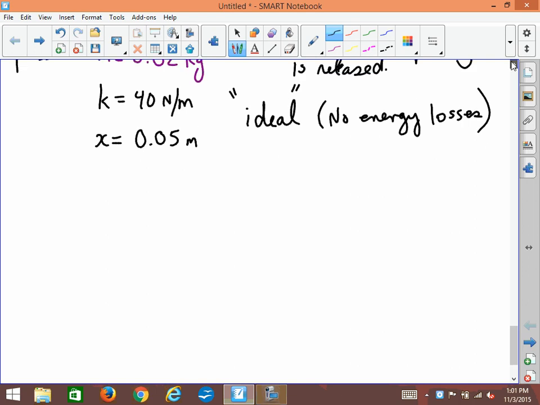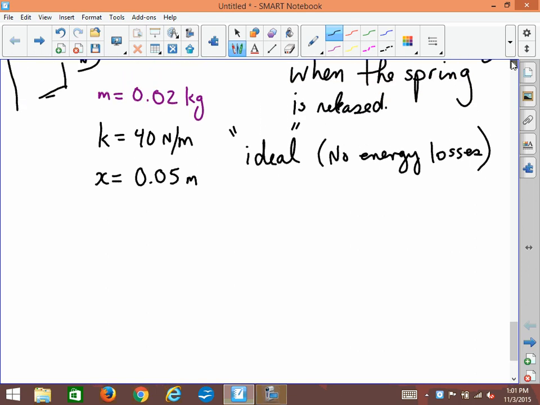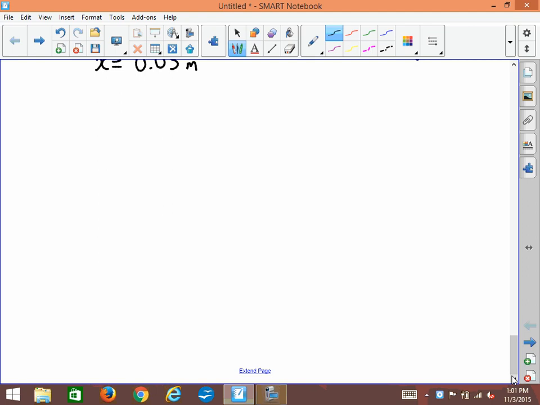And so if we look at this as a mechanical system, right? A mechanical system is when you look at the big picture and all the types of energy that are involved. The total energy of this system at any given point, say position or point 1, is always going to be the same. You cannot change the total energy of the system. All you can do is change the forms of the energy within that system.